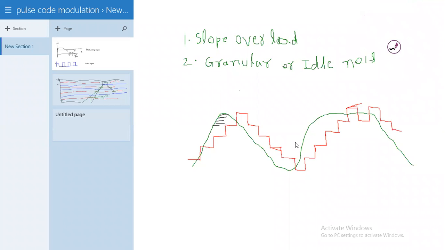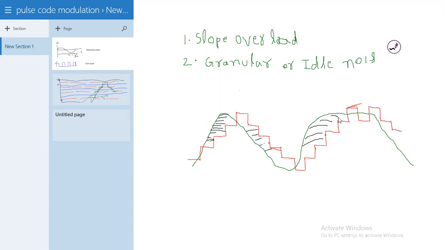The difference between these two signals is very high at the slope. This is nothing but slope overload distortion. Here also, this is slope overload distortion.